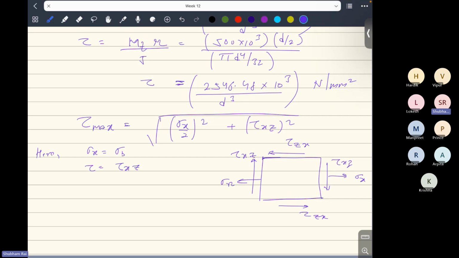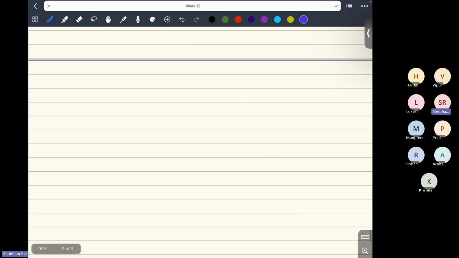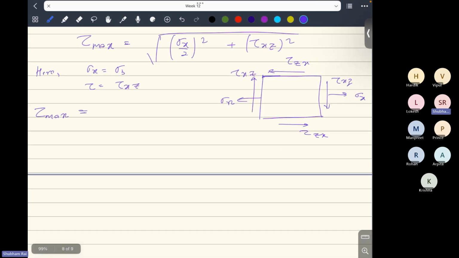So now if you put it in this expression, you will get tau max, and you have to use the maximum shear stress theory only. Tau max will be the square root of 2546.48 divided by 2d cube, because here we have sigma x divided by 2, the whole square, plus 2546.48 divided by d cube, the whole square.